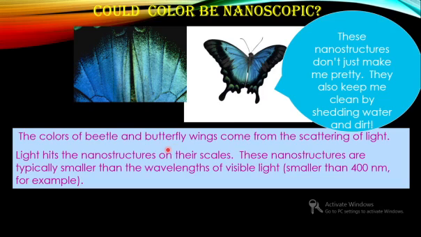When the light hits the nanostructures on their scales or wings, these structures are very small and comparable to the wavelength of light, and hence they can give different interference and diffraction patterns, and hence a different kind of constructive interference.